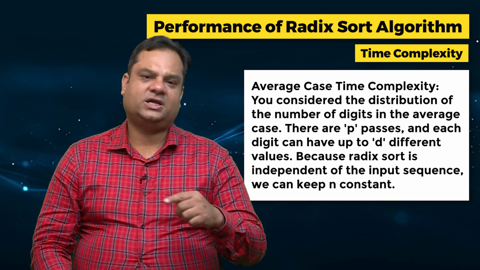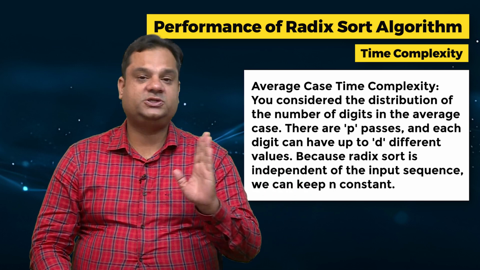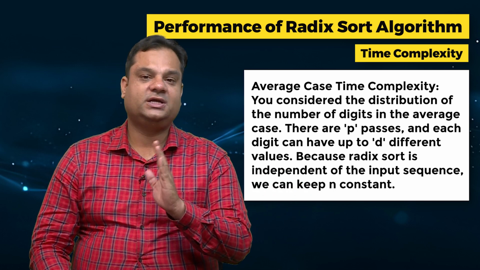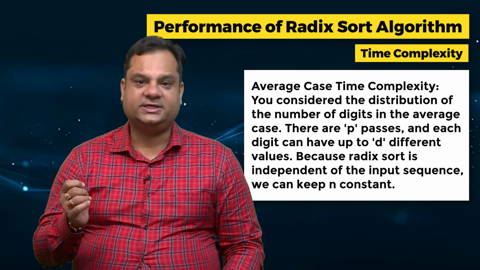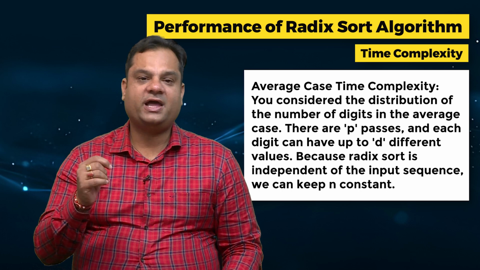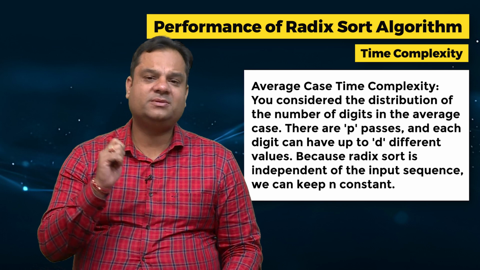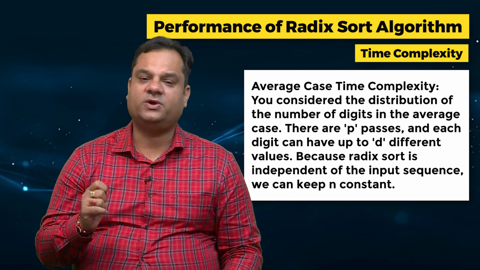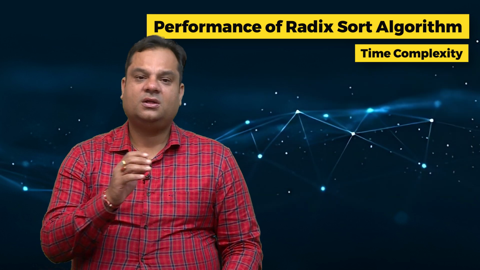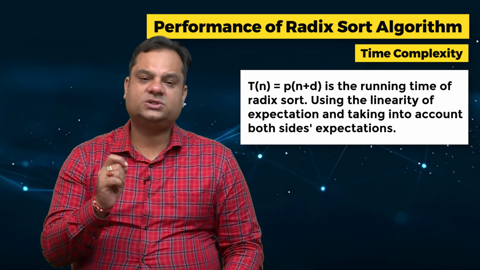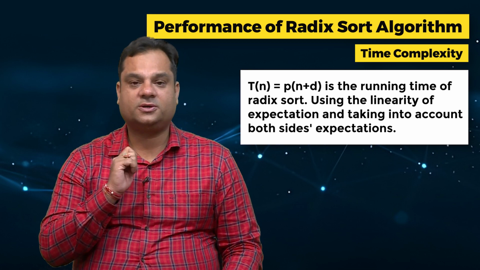Now the last one is the average case time complexity. Basically, you consider the distribution of the numbers of digits in the average case. There are p passes and each digit can have up to d different values. Because Radix sort is implemented over the input sequence, we can keep it constant, like T of n equals P of n plus d is the running time of Radix sort.